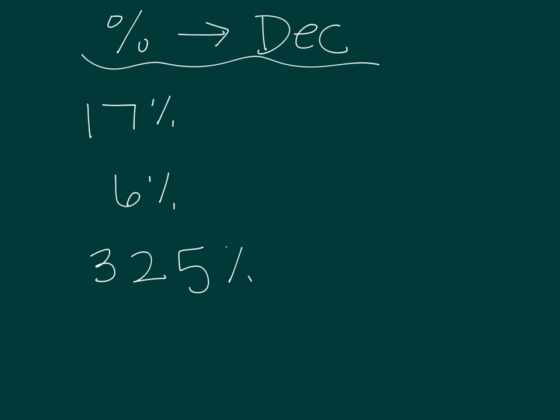What if I already have it in a percent and I need to change it to a decimal? Here's a percent. Now I'm going to go the opposite way. 17%. I'm going to take my percent sign off, move my decimal twice to the left.